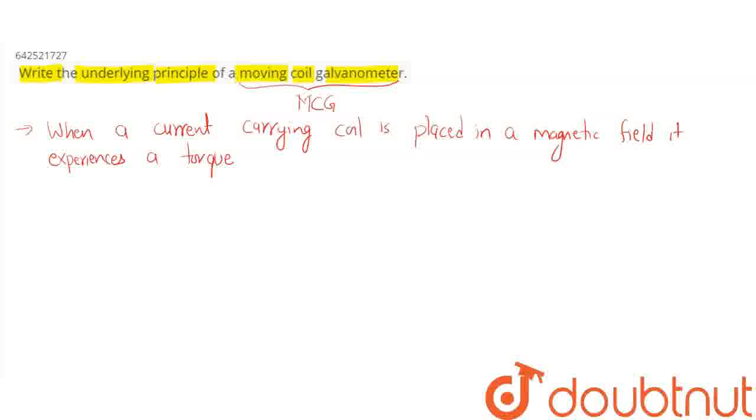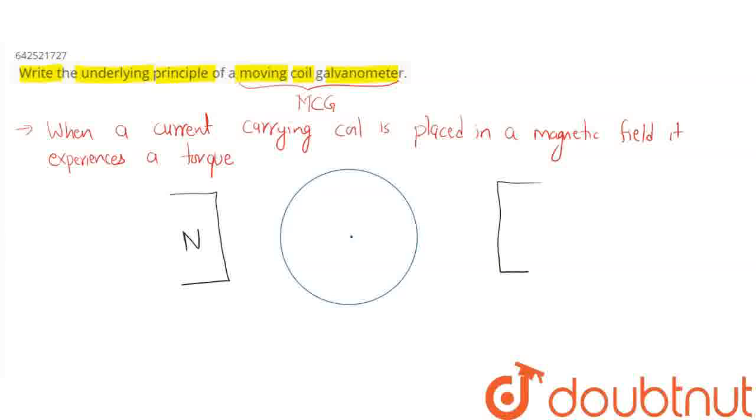We can explain this by this diagram here. Suppose this is our soft iron core placed between two bar magnets, one is north pole, one is south pole, such that the magnetic field from this bar magnet enters into this soft iron core radially, and we can say here this is south pole.